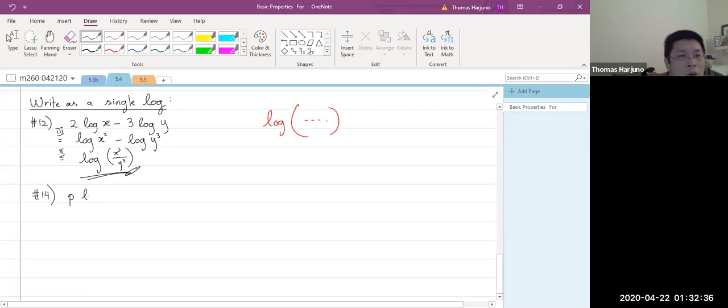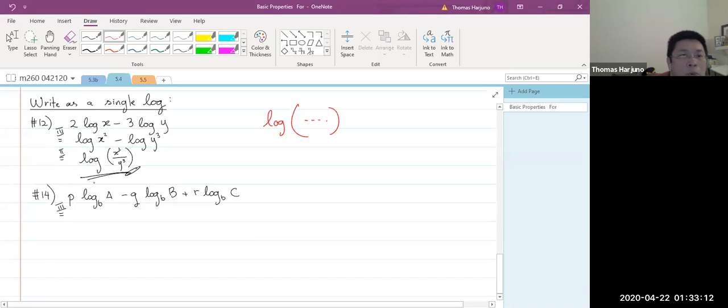p log base b of a minus q log base b of capital B plus r log base b of C. And this will be, I think I will use property number 3 first.